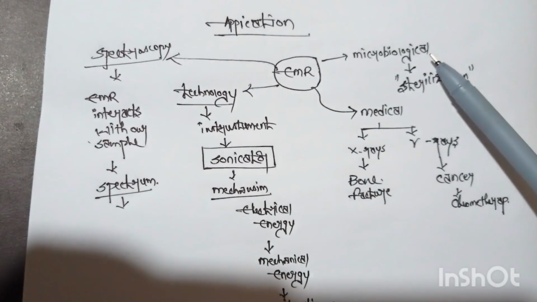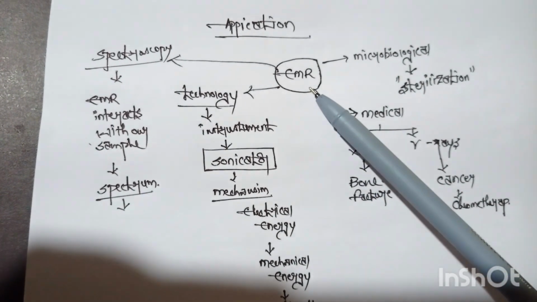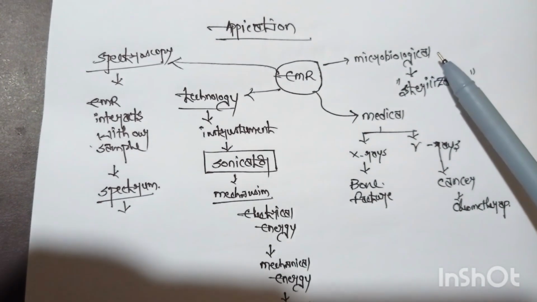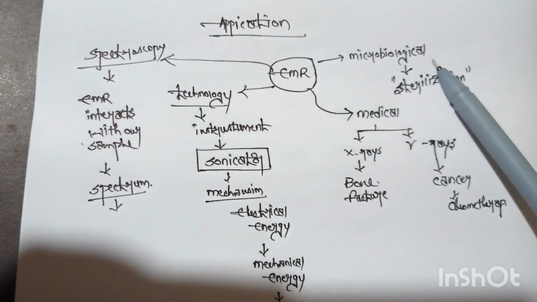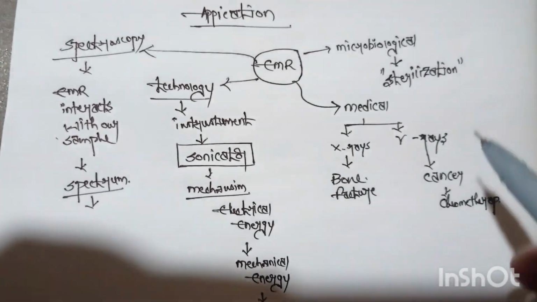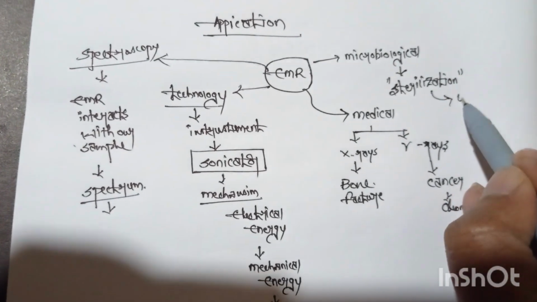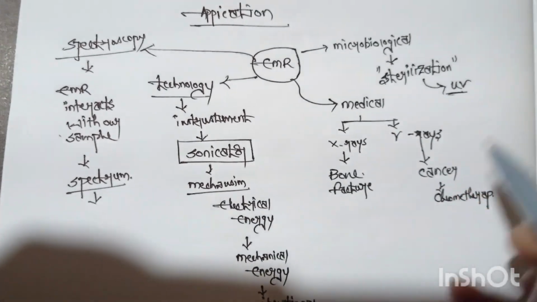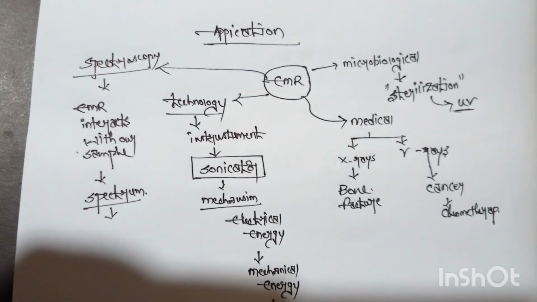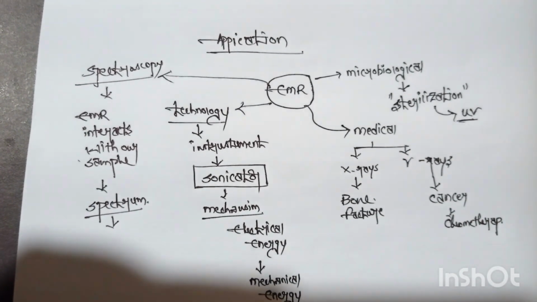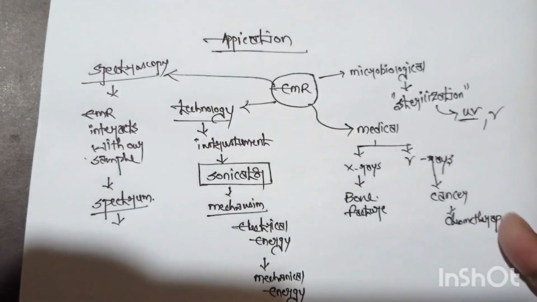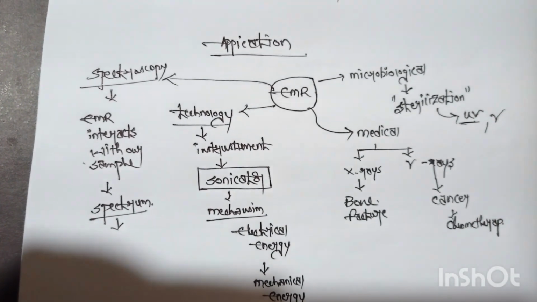The first application is in microbiology. From a sterilization point of view, UV-visible radiation is generally used for sterilization, and sometimes gamma sterilization, which is nothing but cold sterilization.